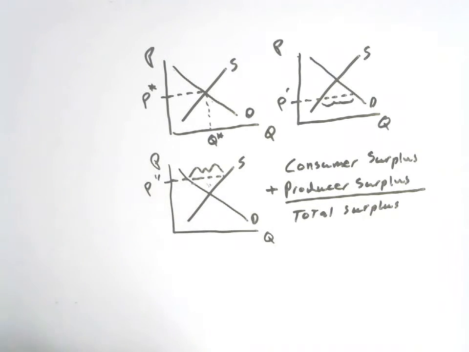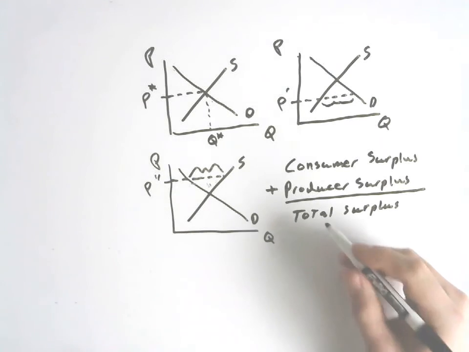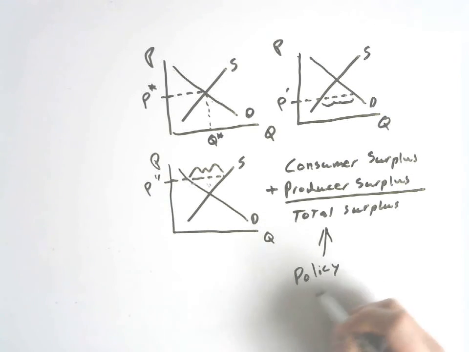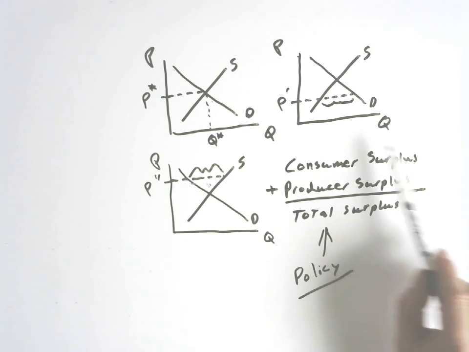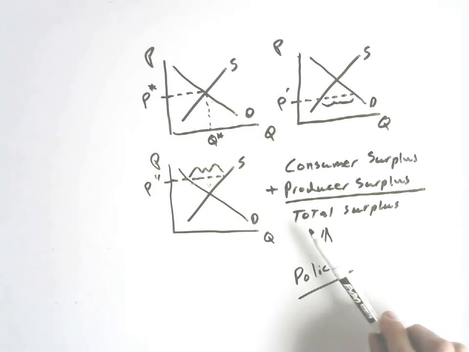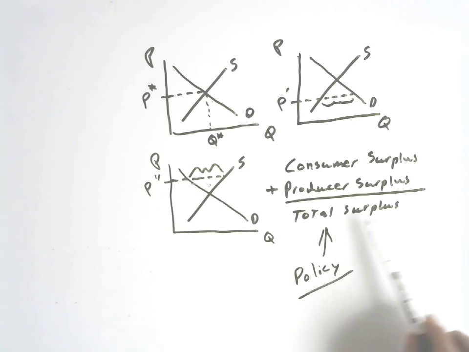So that's where we're going to go now, creating a mechanism to be able to evaluate how inefficient a market is. One of the other things this allows us to do is, if we inject government policy into a marketplace, we will be able to measure how inefficient that policy is by measuring the deviations in consumer, producer, and total surplus.